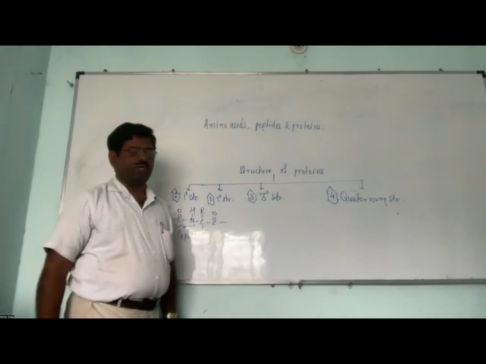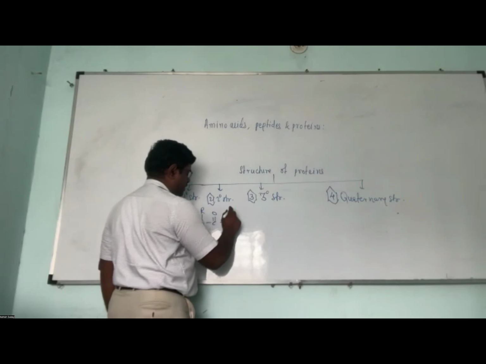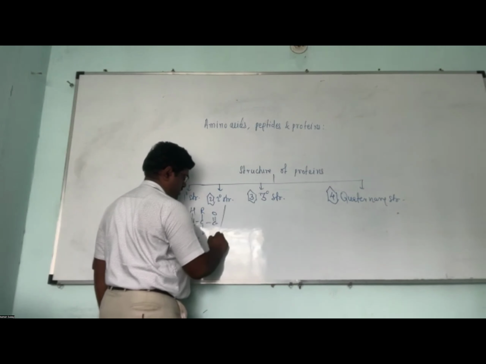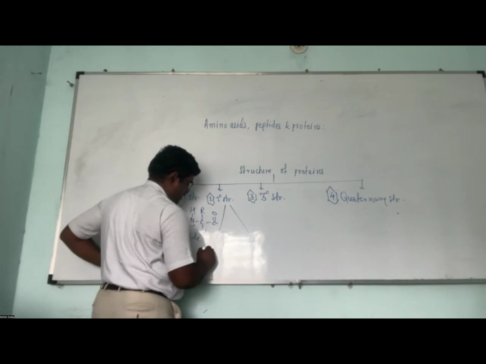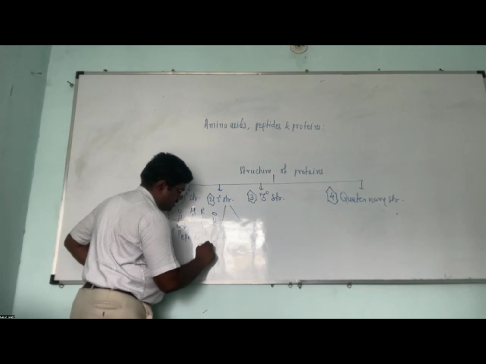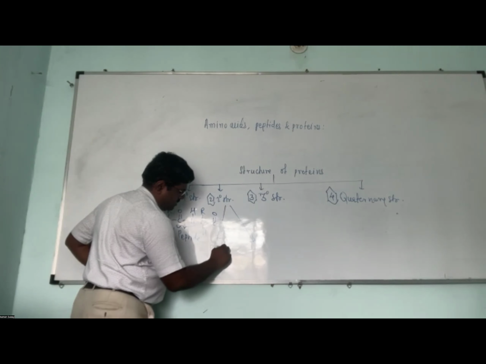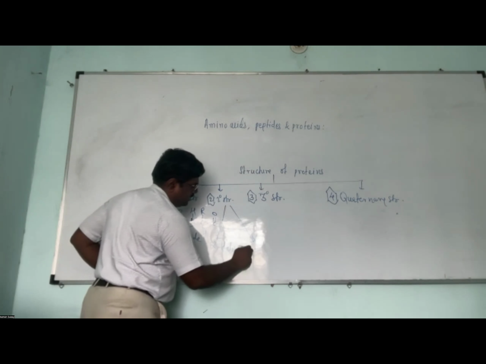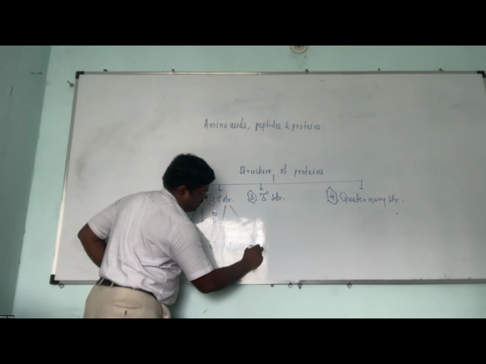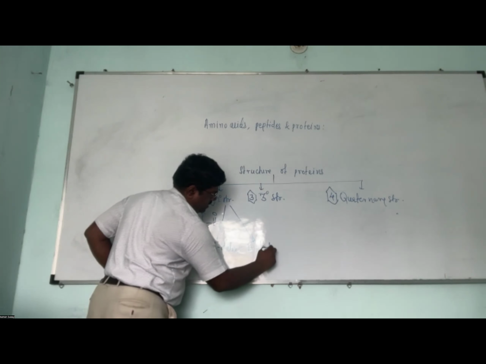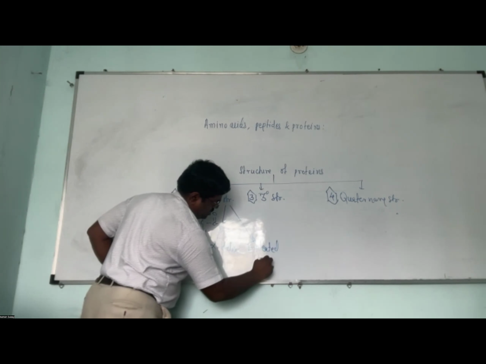Now, secondary structure is further classified into two parts. First one is alpha helix, and second is beta pleated sheet-like structure.